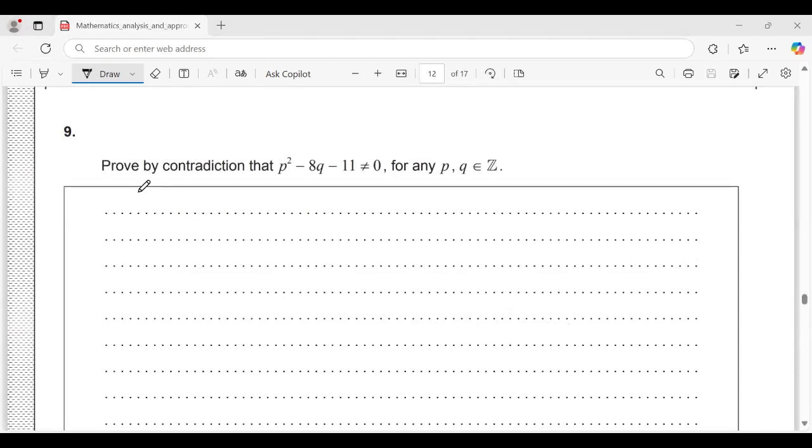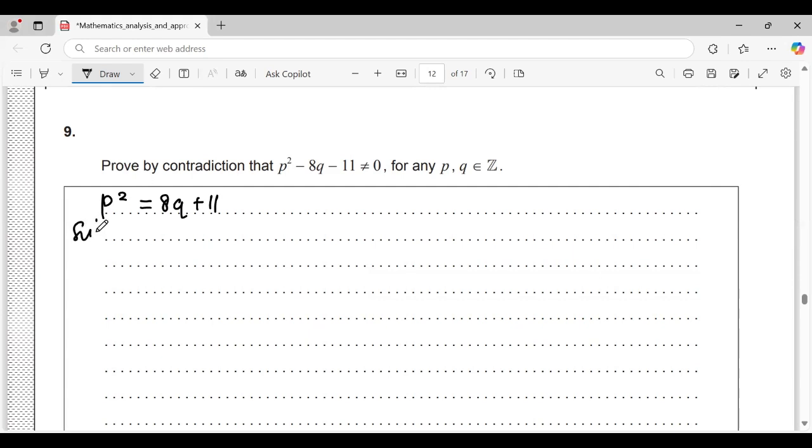Number 9, prove by contradiction that p squared minus 4q minus 11 not equal to 0 for any p, q element of integer, z is integer. So I would like to arrange this equation, it becomes p squared equals 4q plus 11.